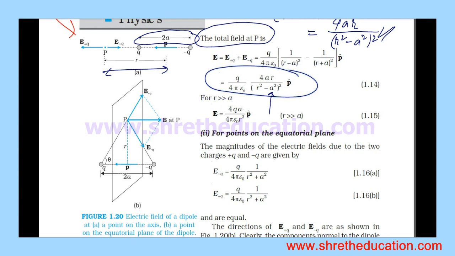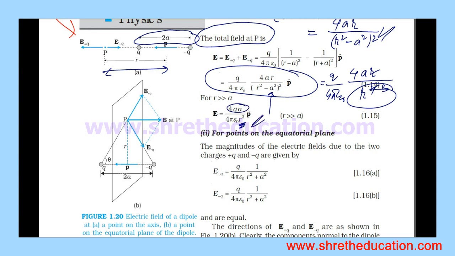So a is ignored, and we get q by 4 pi epsilon naught, 4ar divided by r to the power 4, which is r cube, so 4qa over r cube.